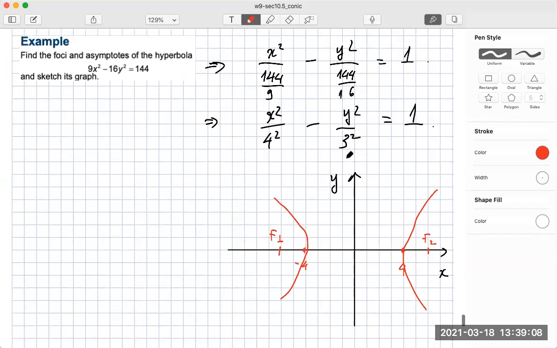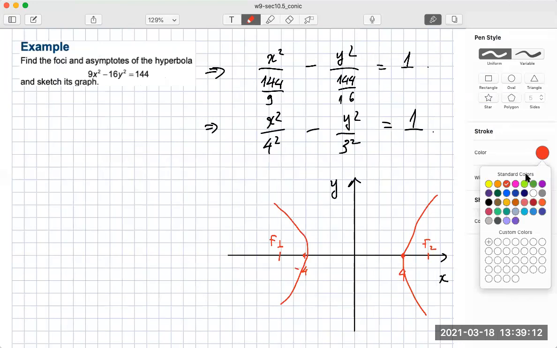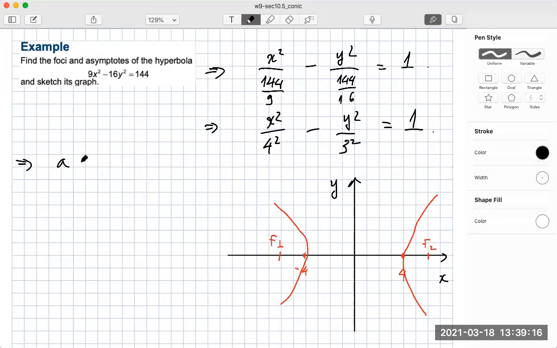So in this case, what are a and b? Okay, a is 4, then b is 3, right? Therefore, we have the formula that c squared will be, right?